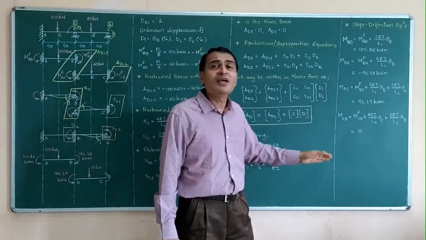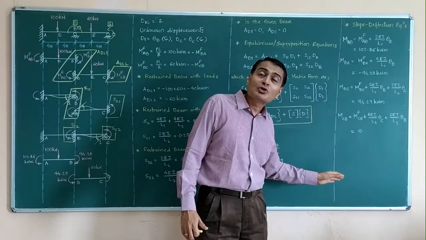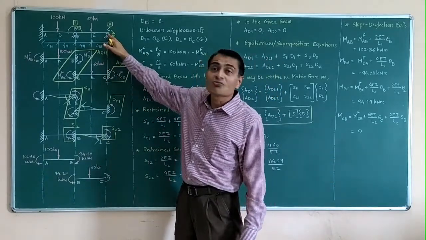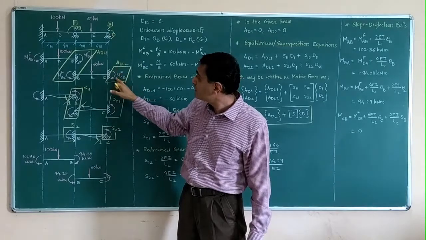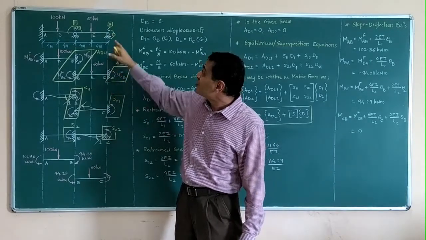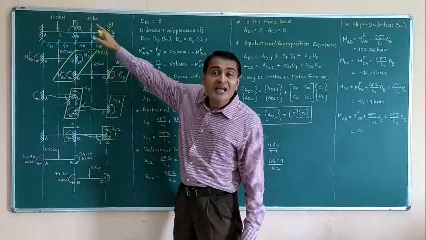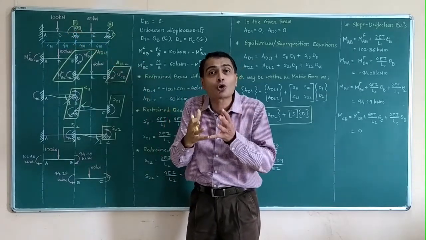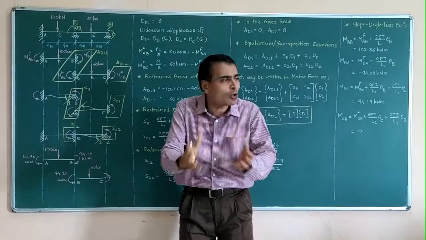And finally, MF CB. So when I think of MF CB, there is fixed end moment, there is near end rotation theta C, and there is far end rotation theta B. So all these three factors will contribute, but there is no sinking of support.